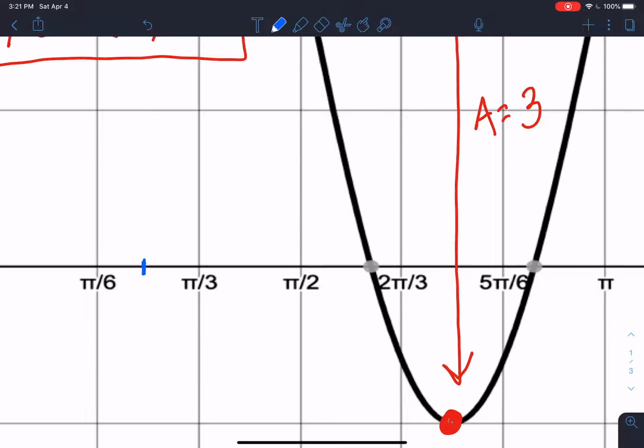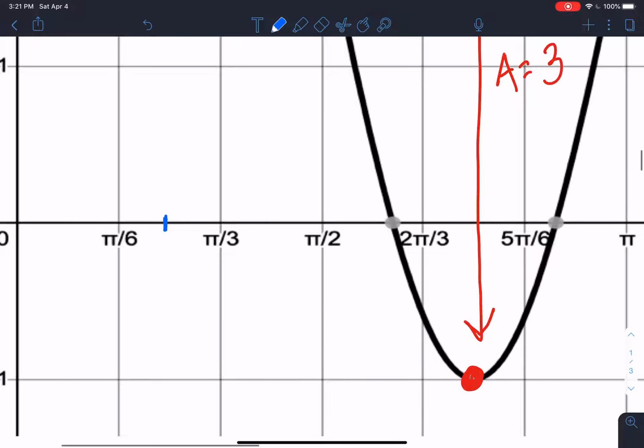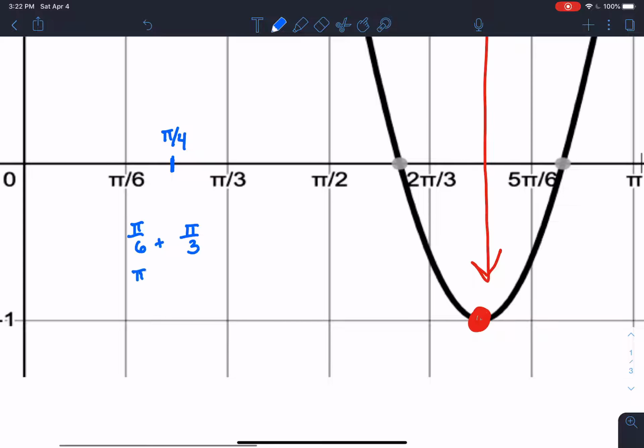If you remember the unit circle, that's going to be pi over 4. If you didn't know that, you can just take the average of the two to figure out exactly. So that's going to be pi over 6 plus 2 pi over 6, which is then 3 pi over 6.